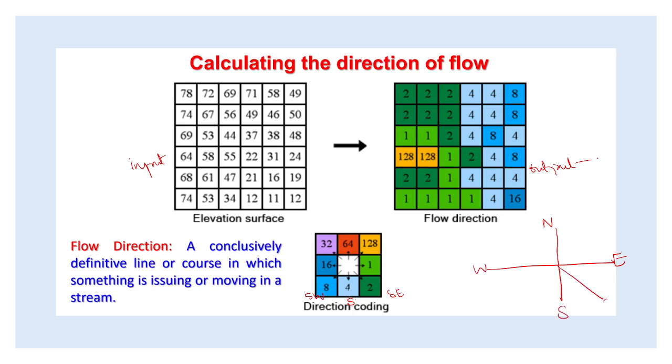So this direction is southeast, southwest, northeast, northwest. That's how the direction has been indicated here. So 128 over here means that the flow is in the northeast direction.